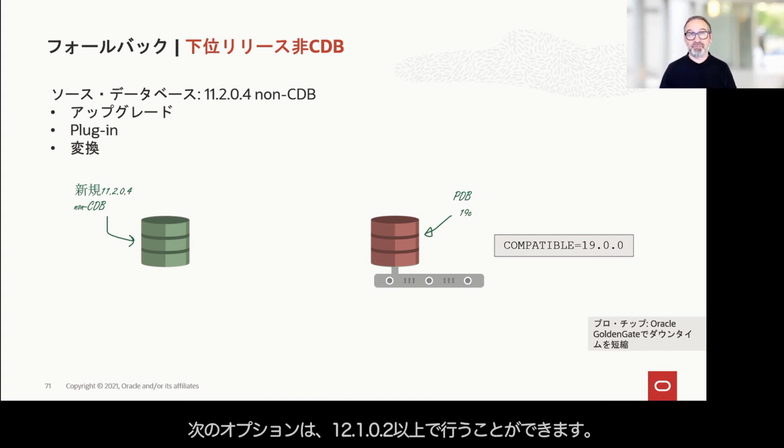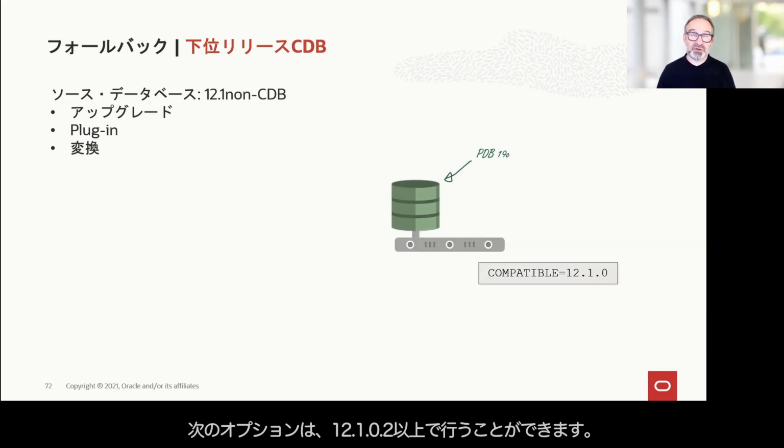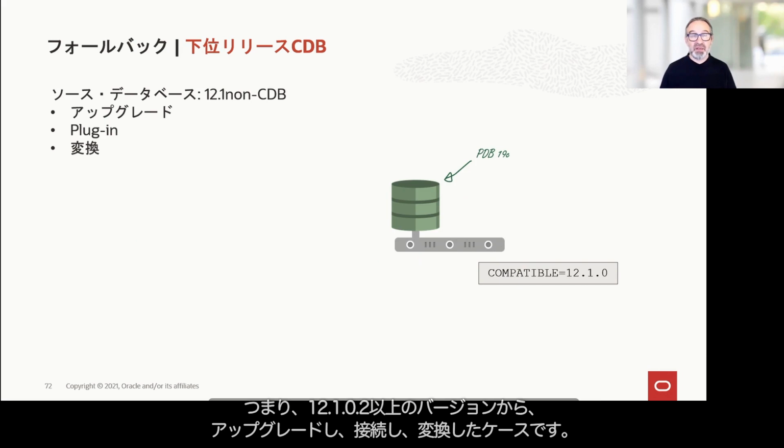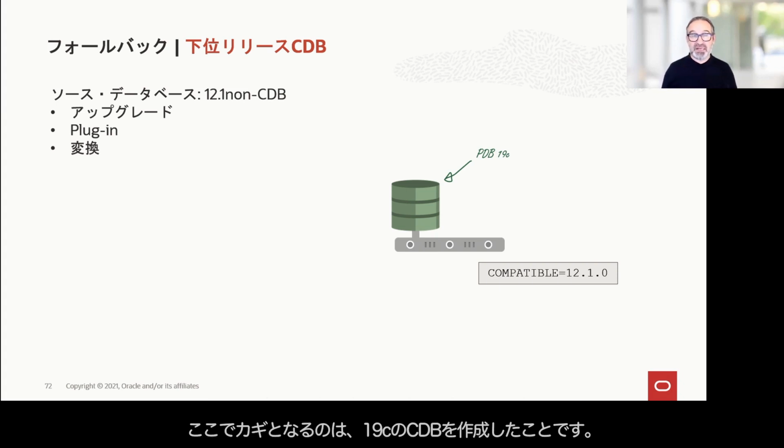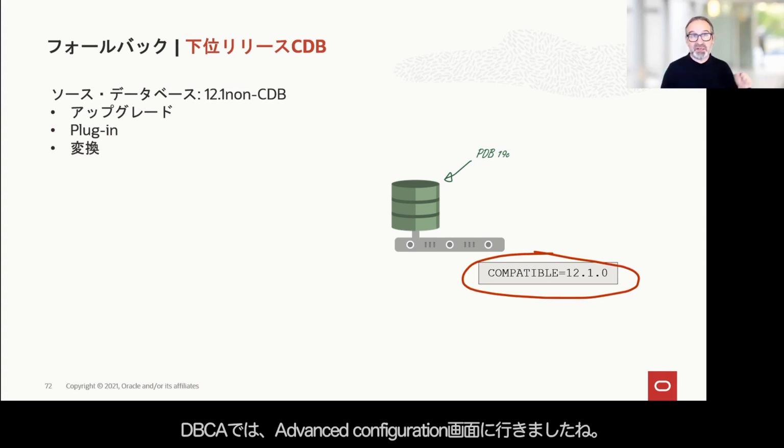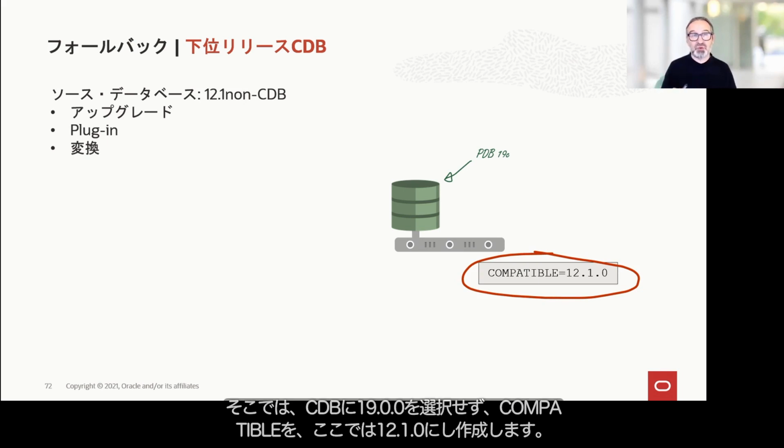That's one option. The next option, where our lowest release which allows us doing that is 12.1.0.2. So we came from 12.1.0.2 or higher, we upgraded, we plugged in, we converted. And here the key would be that when we created our 19c CDB in DBCA, we went to the advanced parameter screen, and there we chose not to create our CDB with 19.0.0, but with compatible, in our example here, 12.1.0.